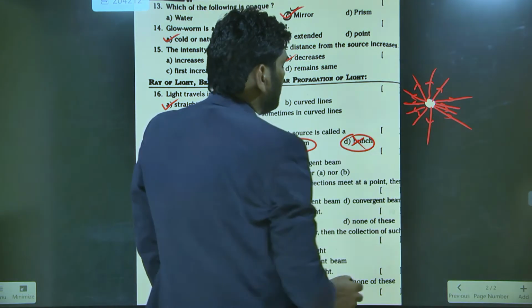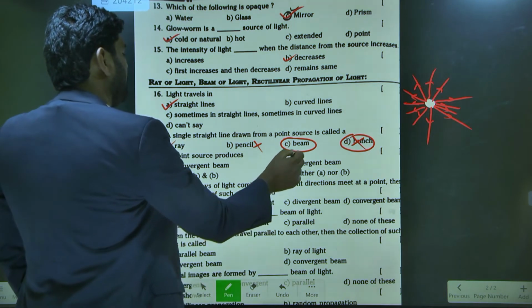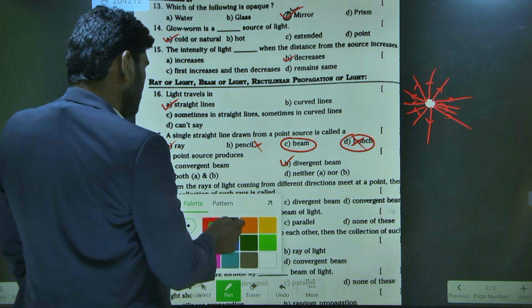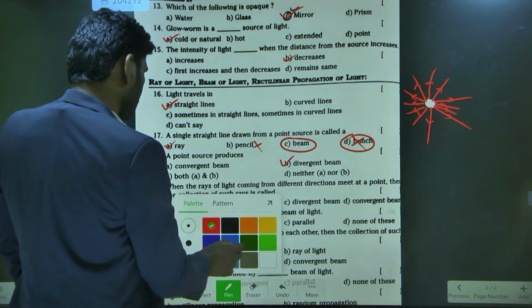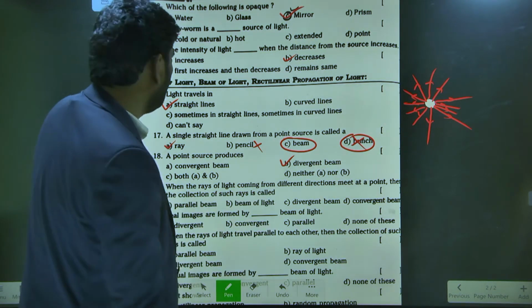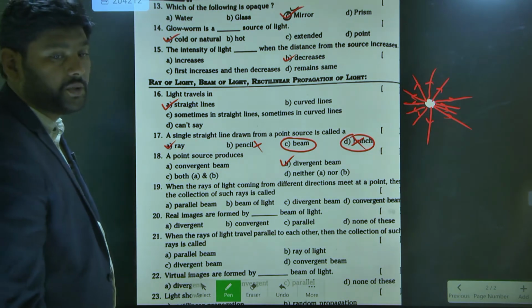When light rays are diverging from the source, the option becomes a divergent beam. Understand? So the 18th question answer is option B.